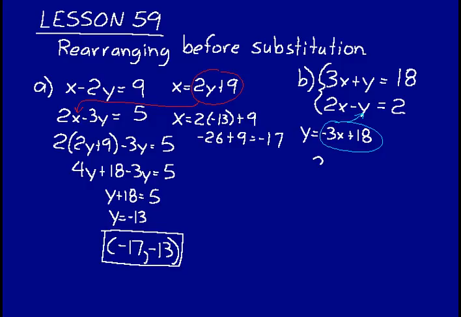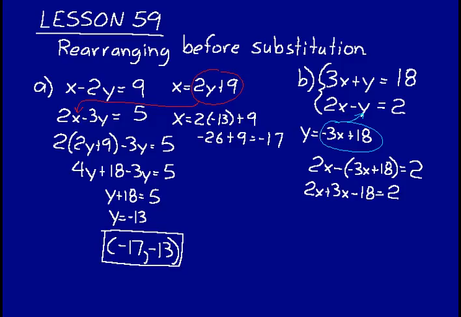2x minus parentheses negative 3x plus 18 is equal to 2. Now we go ahead and simplify this. 2x minus a negative, that would be plus 3x, and then minus a positive 18 would be negative 18 equals 2.